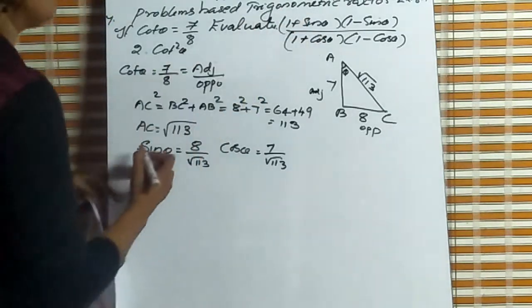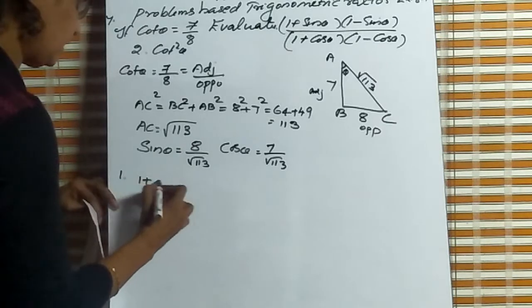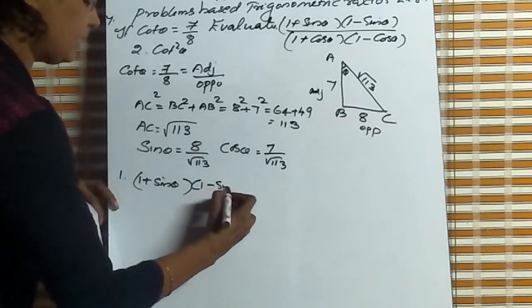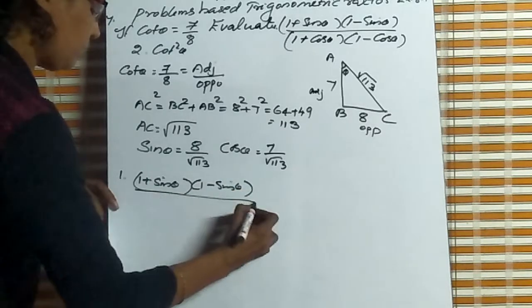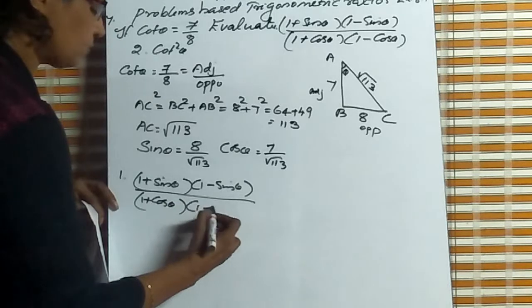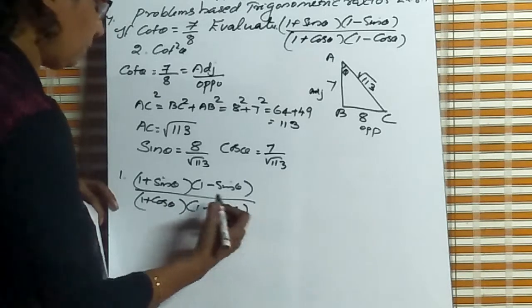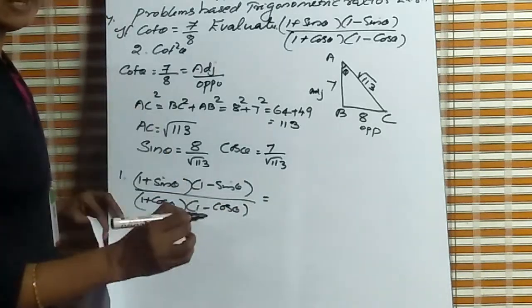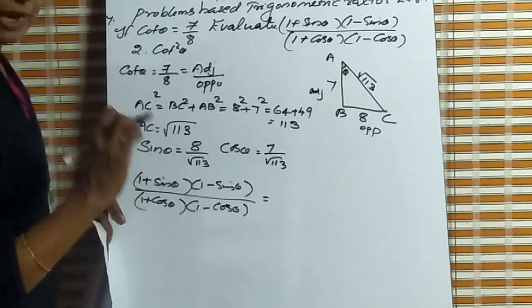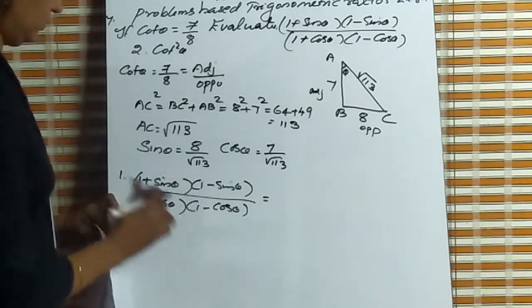Now our first question is (1 plus sin theta)(1 minus sin theta) divided by (1 plus cos theta)(1 minus cos theta). We know that (a plus b)(a minus b) is a square minus b square.